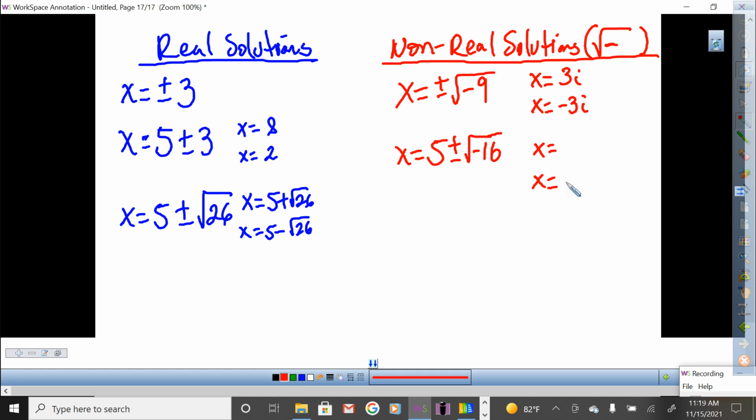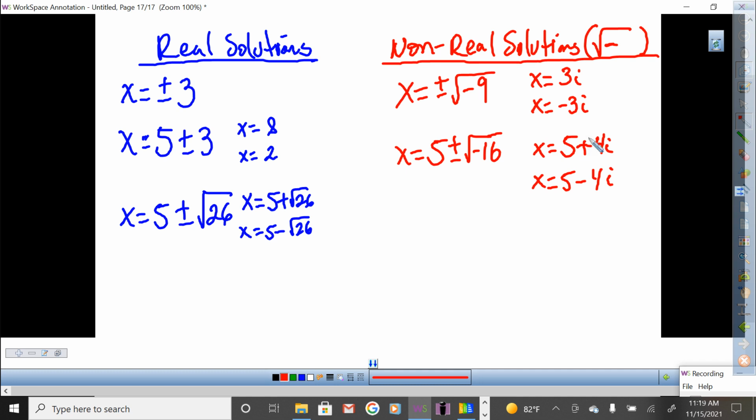Let's see, Brianna, what's our first solution? Five plus square root of positive 4, what? I. That is correct. That means that our second one is 5 minus 4i. Yes, that is correct. How are we doing? Good? Yes? And so on and so forth.